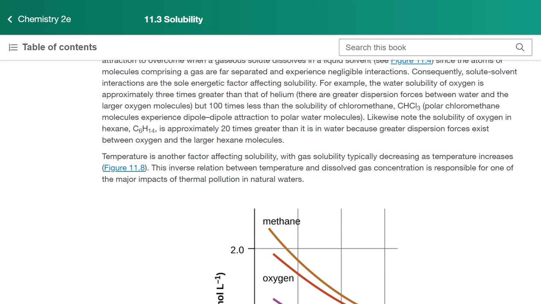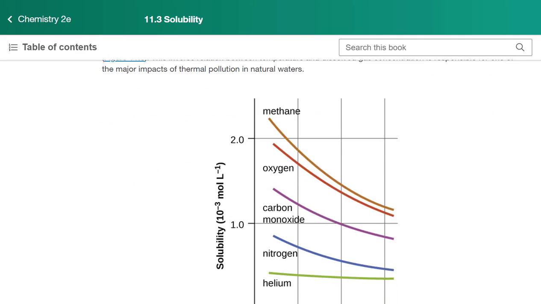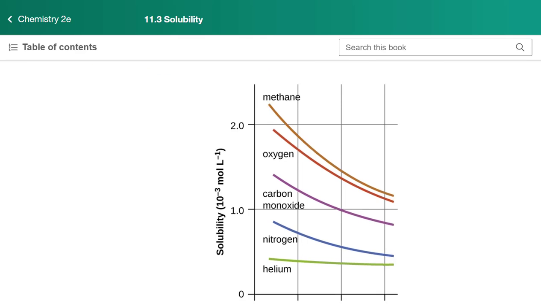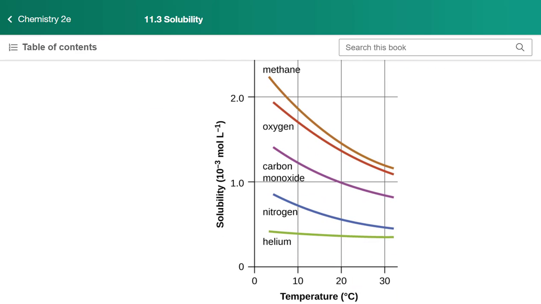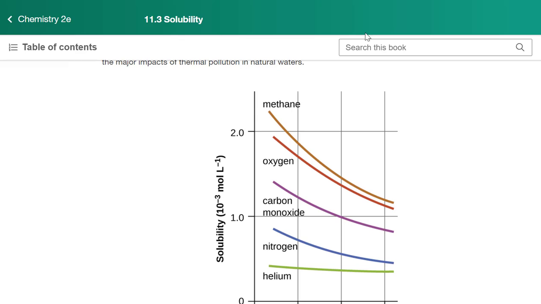And so that's what we see here in terms of, if you look at these different gases, you'll see that as you increase the temperature, their solubility tends to decrease. And you can see they don't always decrease by the same amount, but we have a decrease in solubility as we increase the temperature.